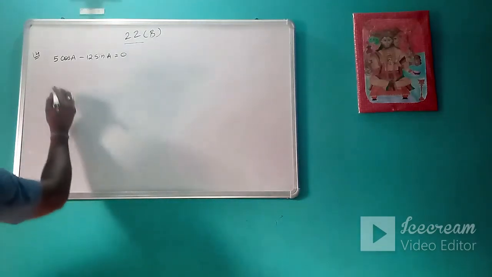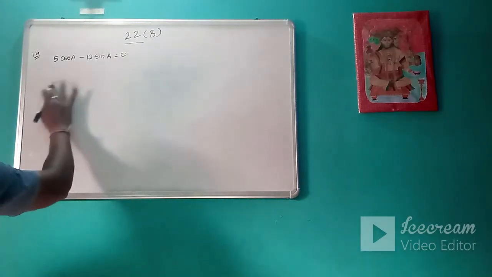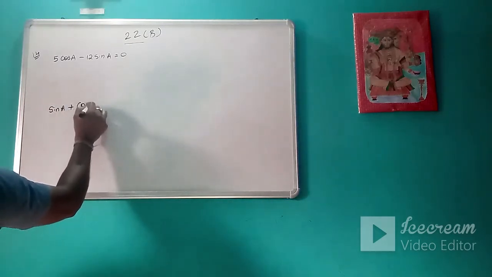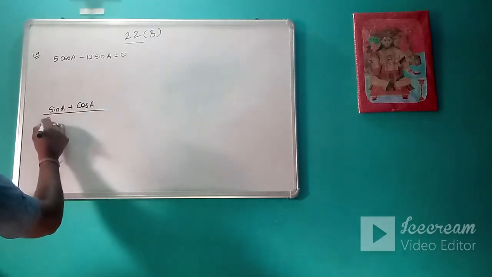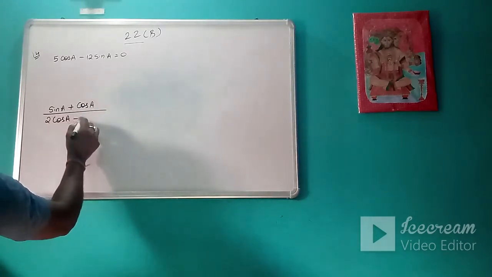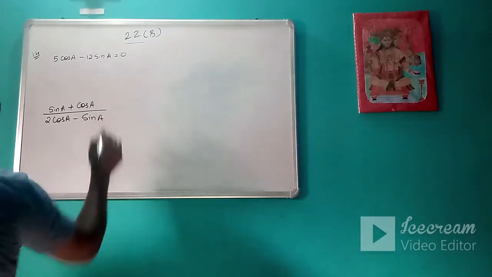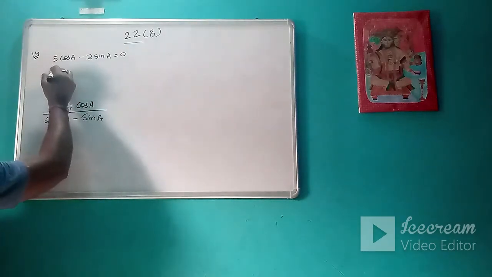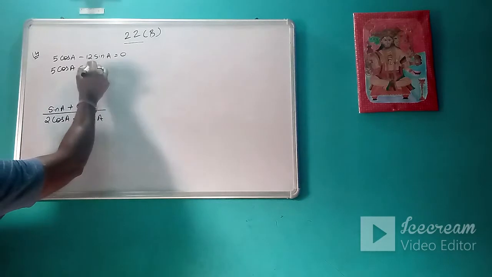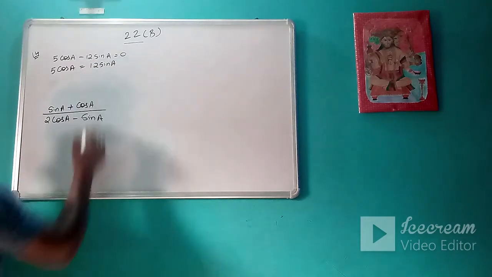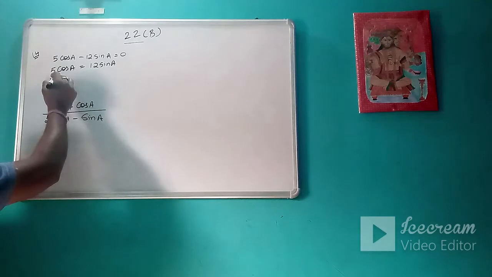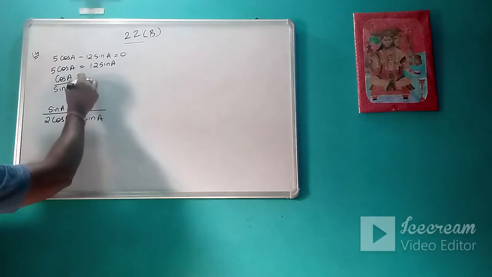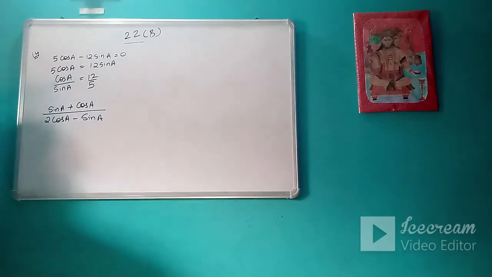And with the help of this, we have to find the value of (sin A plus cos A) upon (2 cos A minus sin A). Okay, so how do we start this question? First, we will adjust the terms like this. 5 cos A equals 12 sin A. Now what we will do? We will write it like this. Cos A upon sin A is equal to 12 upon 5.